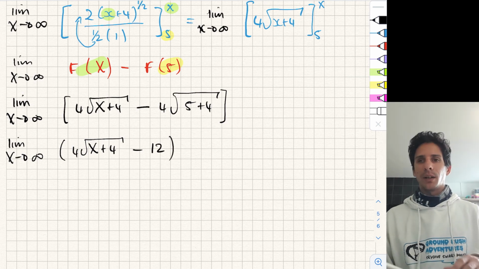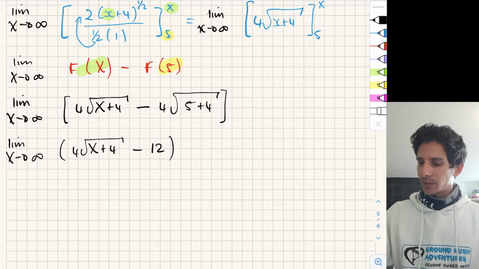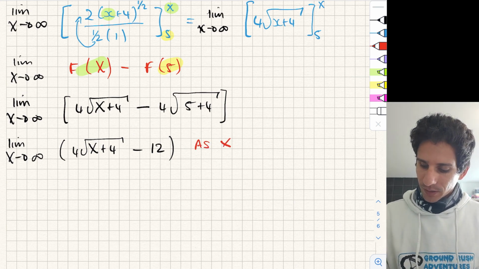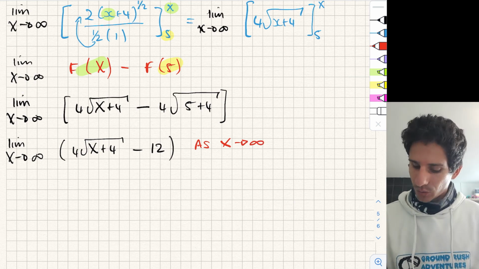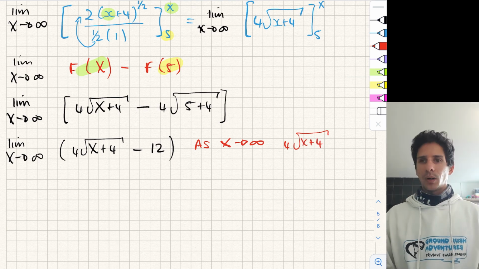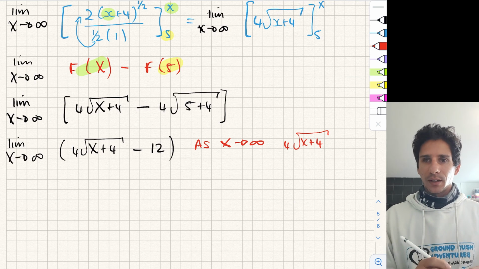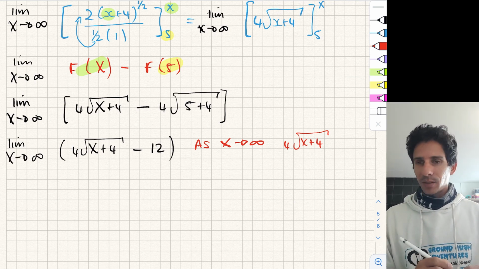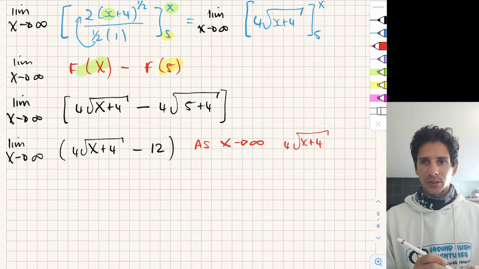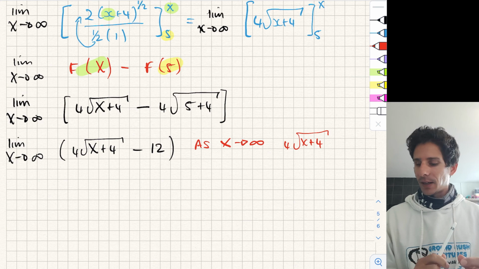Right, I'm now ready to assess my limit. As x approaches infinity, what is happening to 4 square root of x plus 4? What is it approaching? We can imagine that as we put in bigger and bigger values for x, even though we are square rooting that number, it's going to get bigger and bigger and bigger.